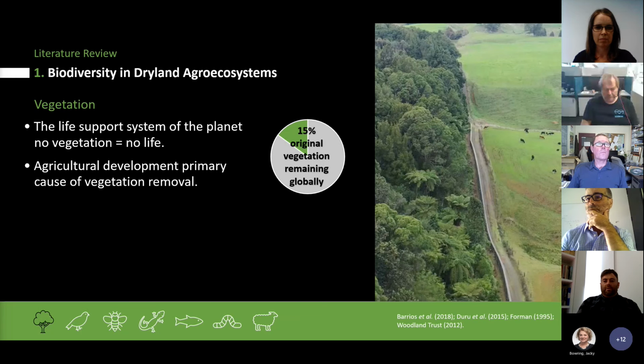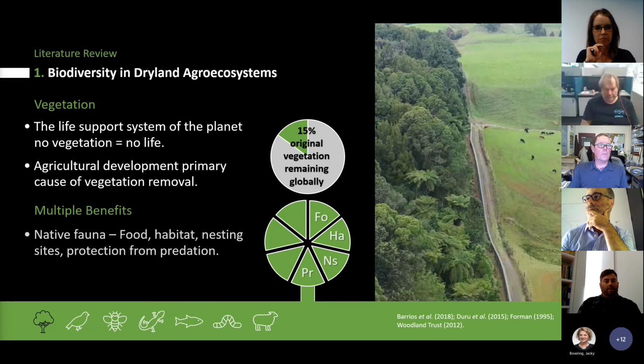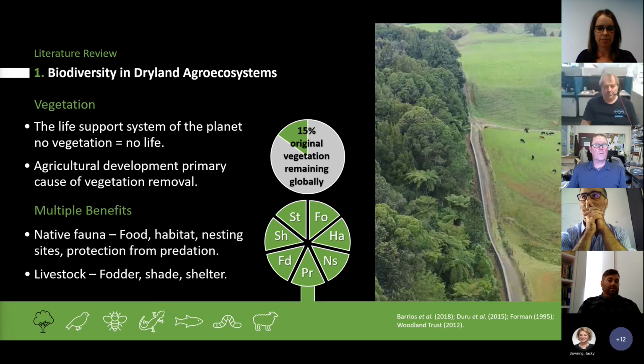However, the development of human societies, including towns and cities and agricultural land use, has driven the removal of approximately 85% of original vegetation worldwide. There are also multiple benefits provided to fauna and livestock. The ones, as I've mentioned previously, are the food, habitat, nesting sites, and protection from predation. And the ones to livestock are fodder, shade, and shelter. So clearly there you can see the importance of vegetation in an ecosystem.